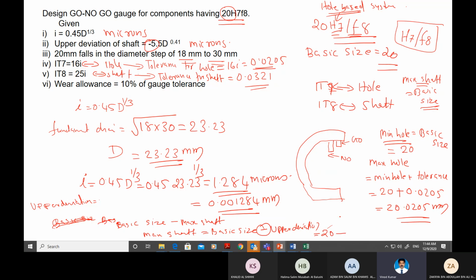Can you calculate upper deviation here? 5.5 times D to the power 0.41, where D we calculated from here as 23.23. Before that, let us calculate this. We have D 23.23. Anyone, can you calculate it?